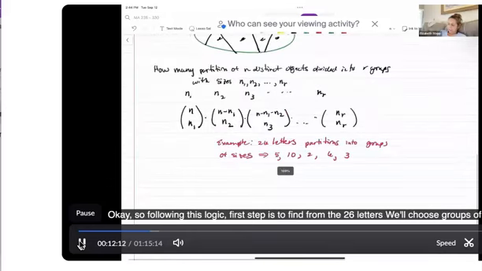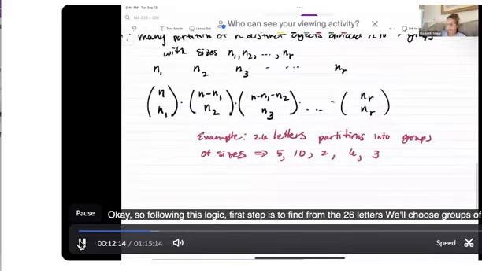Following this logic, the first step is to choose, from the 26 letters, a group of 5.